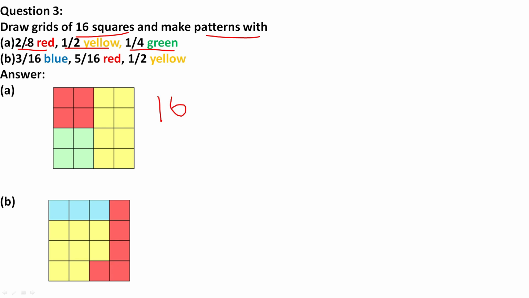How many squares are red color? 2 by 8 of 16. Of means multiply. 1 8 is 8, 2 8s are 16. So 2 2s are 4. 4 squares are red. Red 4 squares, you can see 1 2 3 4.